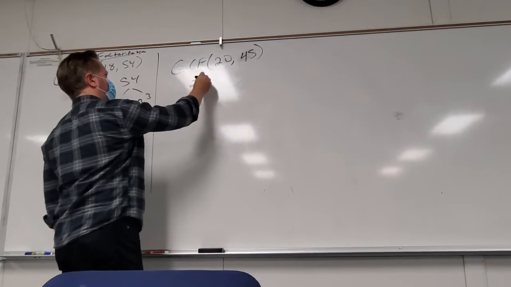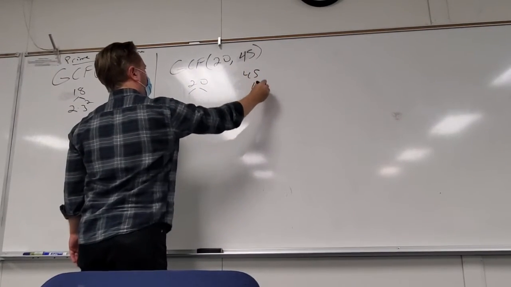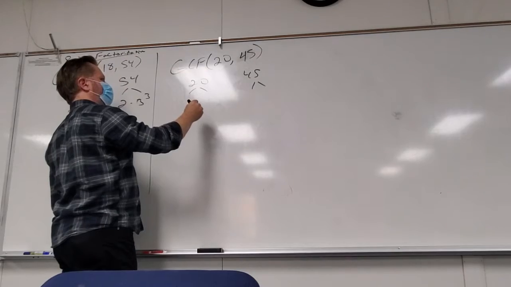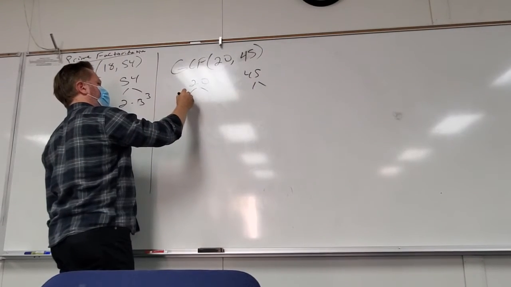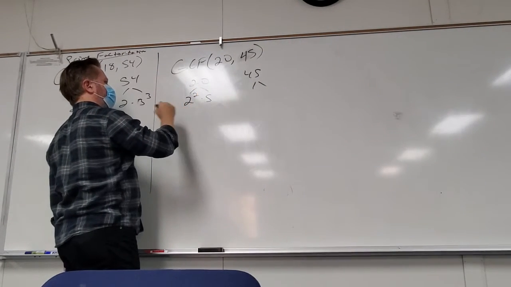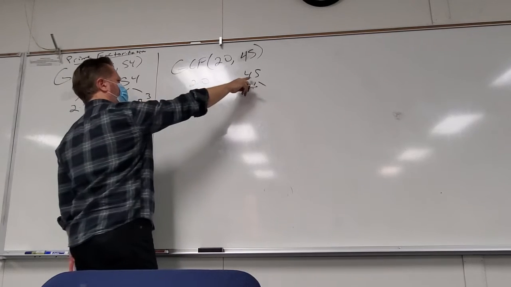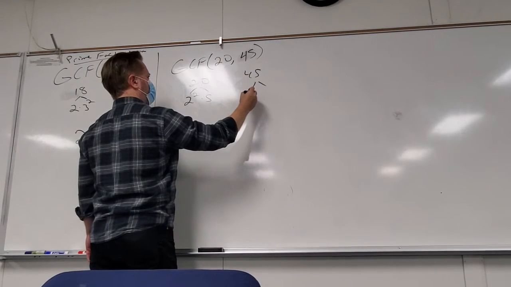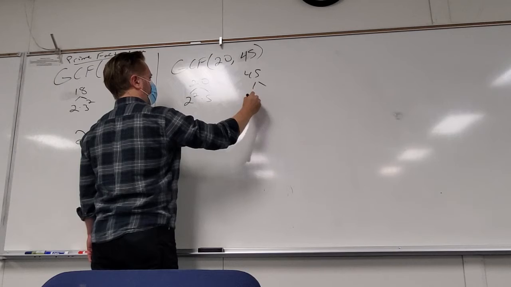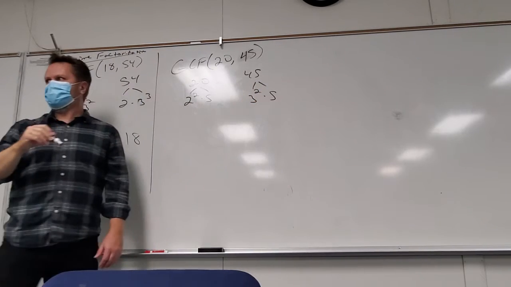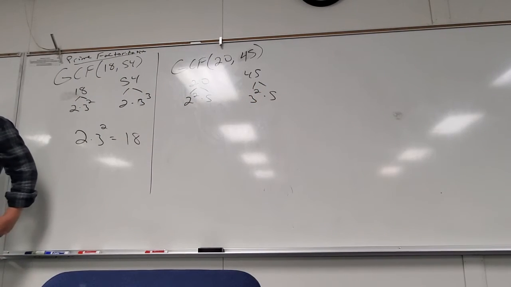All right, what's 20? 5 and 4. Yeah, so it's 2 squared times 5. Is that cool? And what's 45? Yeah, 3 squared times 5. Is that cool? All right, that was pretty obvious, hopefully.